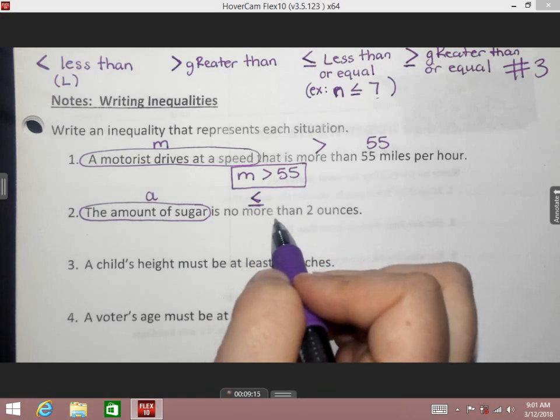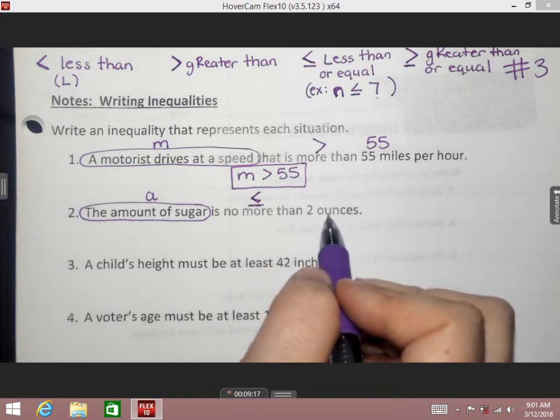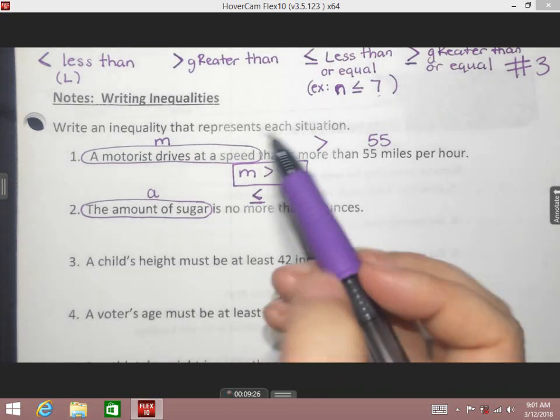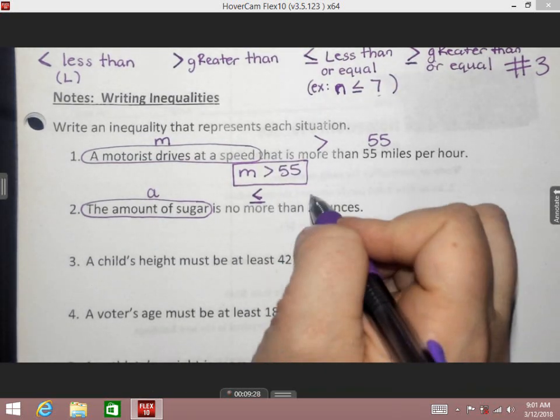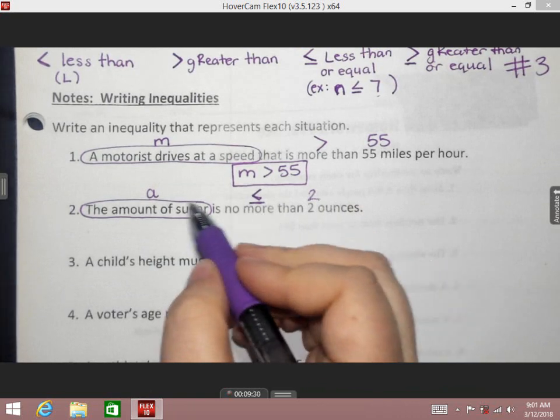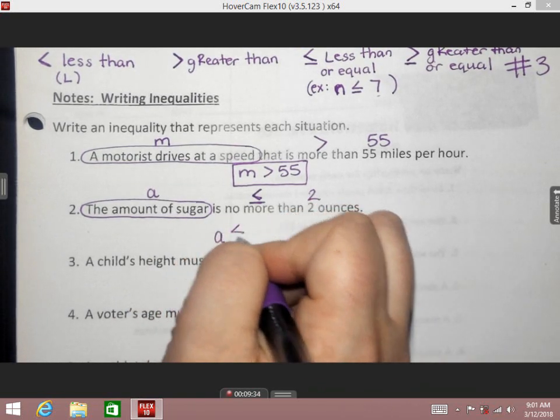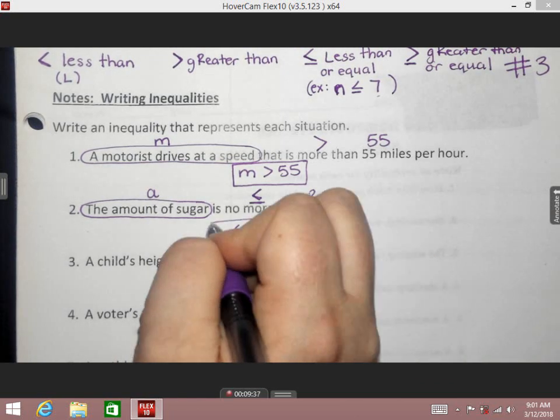So no more than. If it's not more than 2 ounces, can it be 2 ounces? Could it be smaller than 2 ounces? Okay. So we're using less than or equal to, and then we have our 2 ounces over here. So again, it sets up my entire problem for me. So we have A is less than or equal to 2.